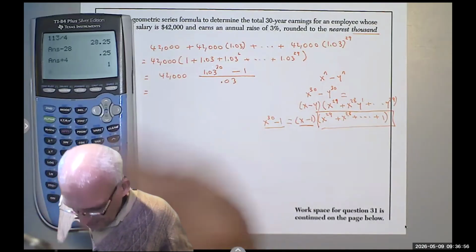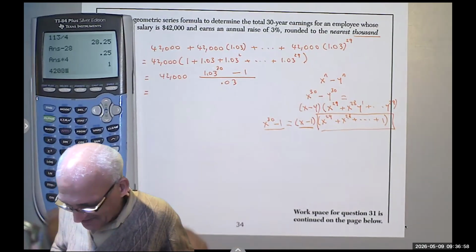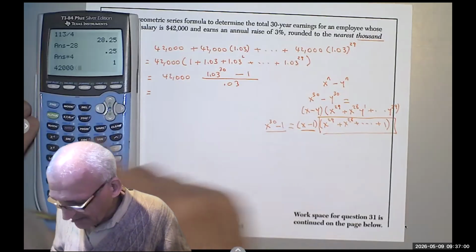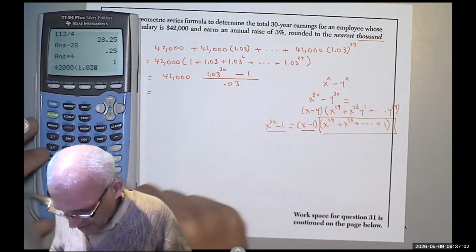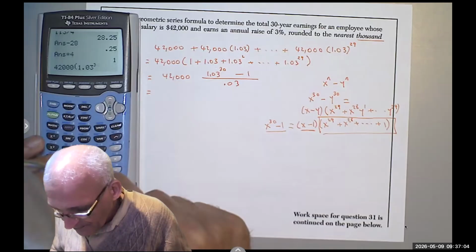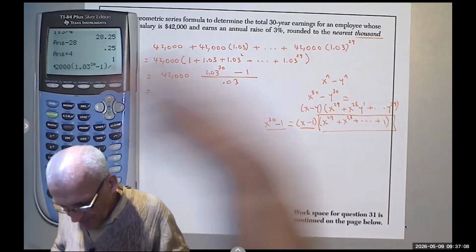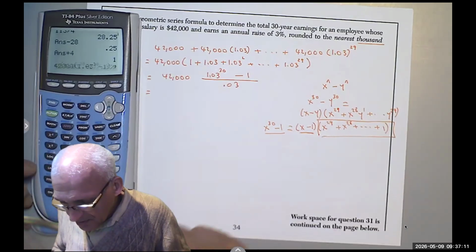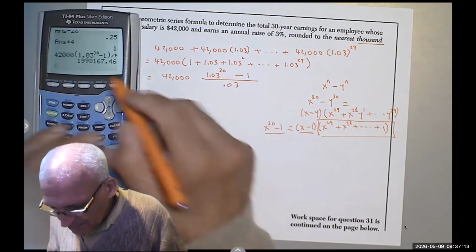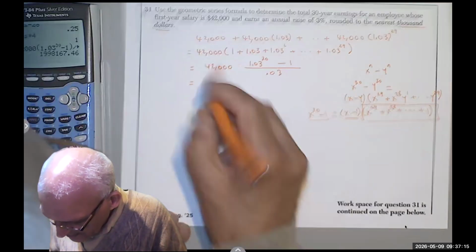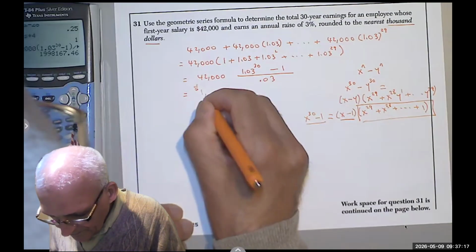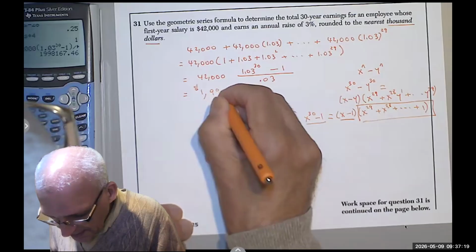Anyway, so again, not to waste your time, it's 42,000 times the numerator, which is 1.03 to the 30 minus 1, and then I divide by 1.03 minus 1. So I get 1,998,000.